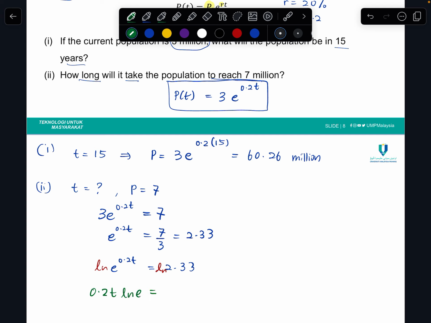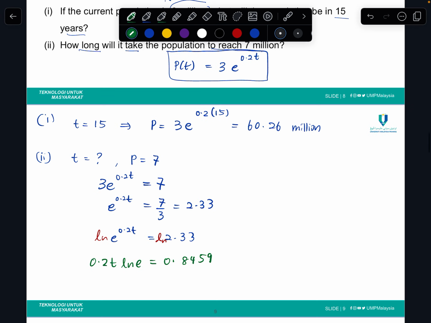On the right hand side, ln 2.33 can be calculated using your calculator, so you need to know how to press your calculator. ln 2.33 equals 0.8459. ln e by the rules is equal to 1. So on the left hand side, we just have 0.2t, and on the right hand side is like that.